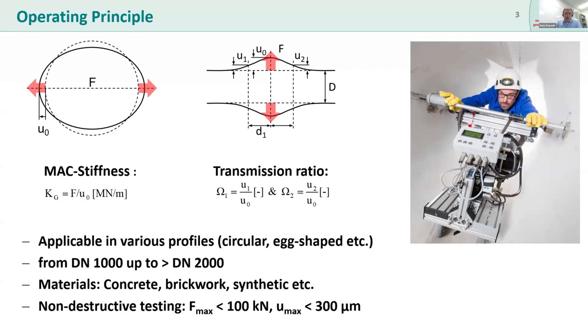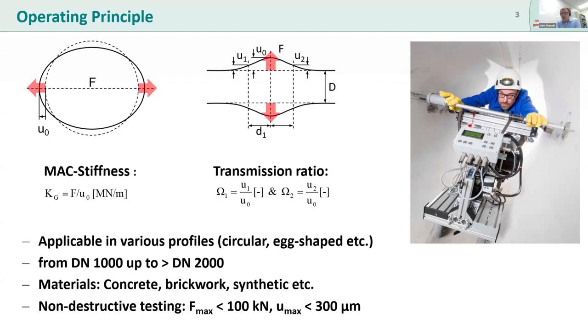It can adapt to everything, and it's an absolutely non-destructive testing device because the force is limited. So even though you're pushing into the inverts, you're not destroying anything. The force is limited and the displacement you reach is also limited to a few hundred microns, so that is all happening in the purely elastic range of the system.